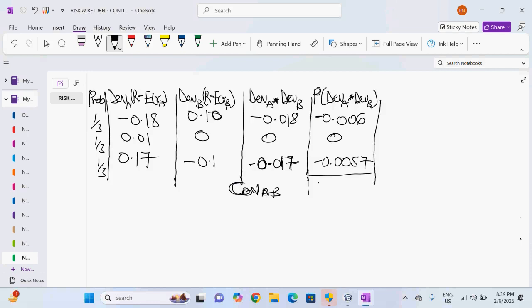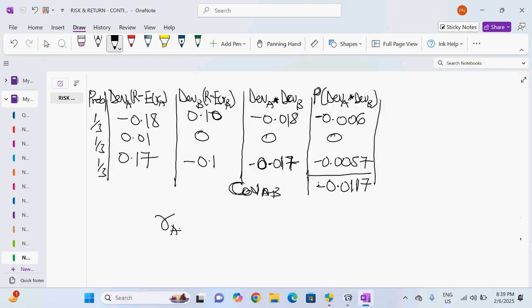Negative 0.0117. All right, so this is the covariance.